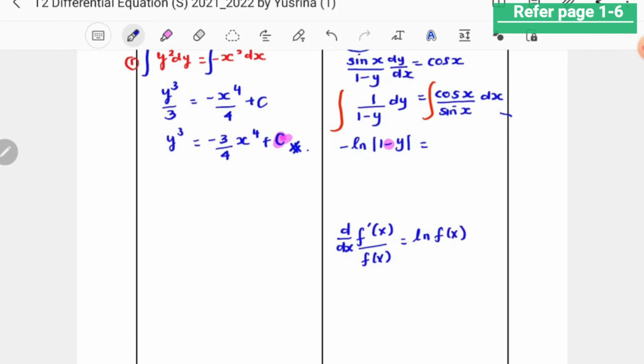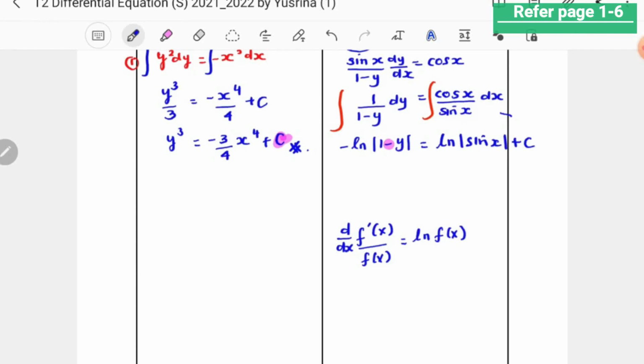So you differentiate sine, we get cos. That means we get ln sin x plus c, by using the properties, and then you can also use the substitution method.